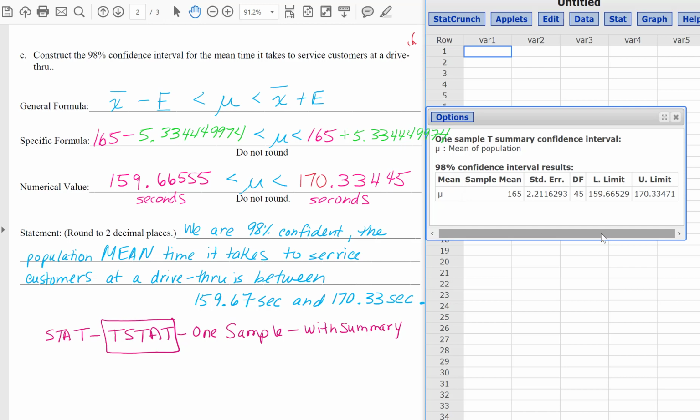We calculated our lower limit to be 159.66555, and StatCrunch considered our lower limit to be 159.66529. It's a little off, but it is the same answer to 2 decimal places. That's why I rounded to 2 decimal places. So be aware of that. Because we're using the chart, it gives us a little bit of a rounded error at the end. But either answer would be acceptable to me.